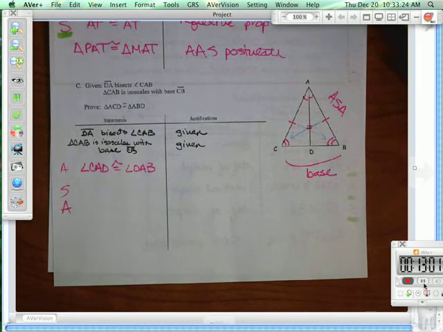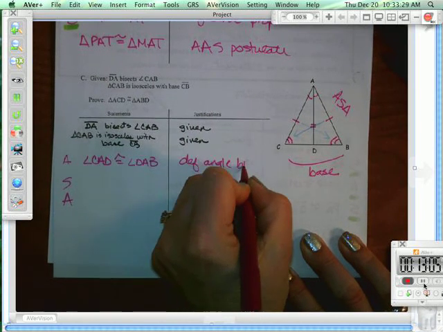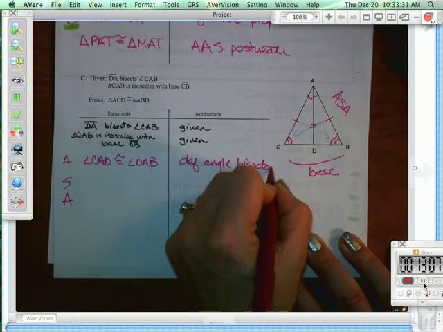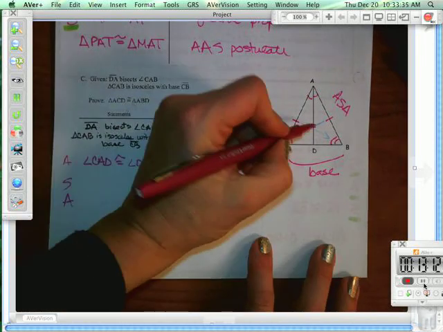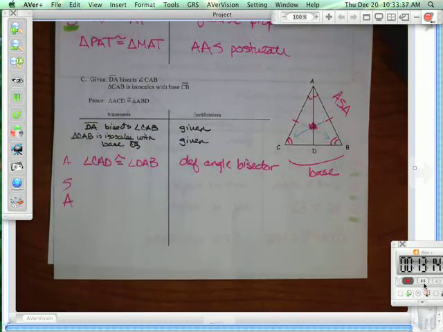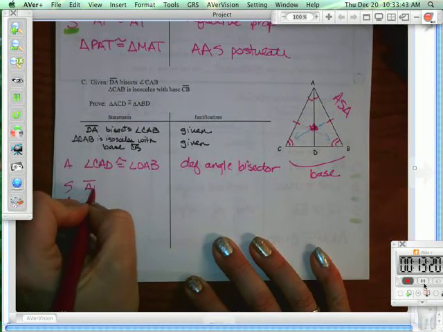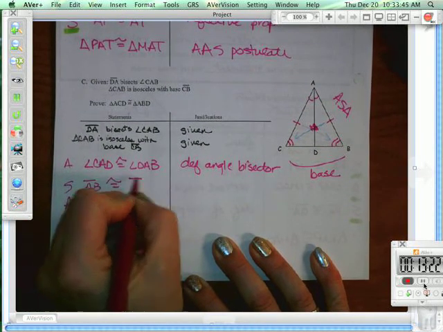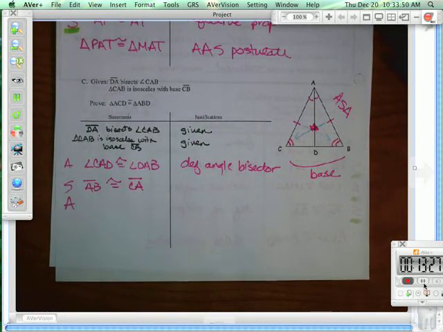So definition of angle bisector. Okay. I'm just going to talk about this side here. This side and this side. Let's do those. Side AB is congruent to side CA. How do I know that?